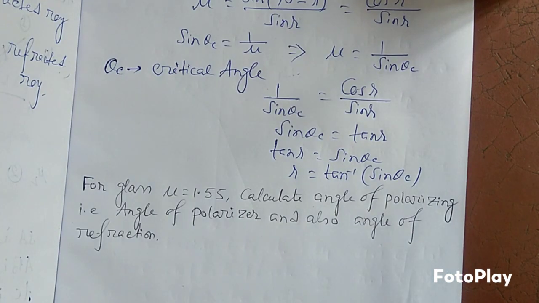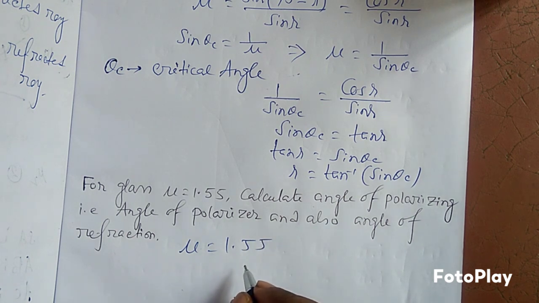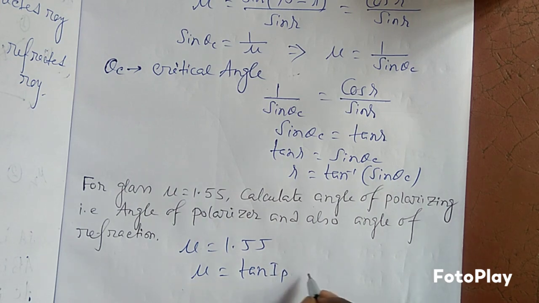Then another numerical which is very important for examination purposes. Mu is given as 1.55 and mu equal to tan IP.